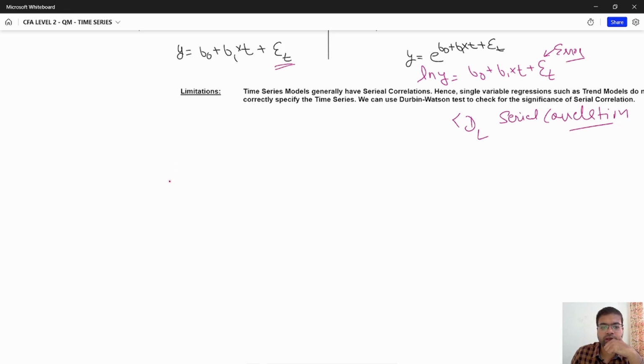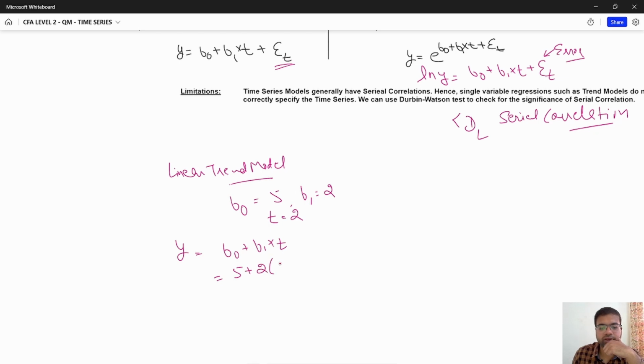You are given a linear trend model with b naught equal to 5 and b1 equal to 2, and you have to find the value at t equal to 2.